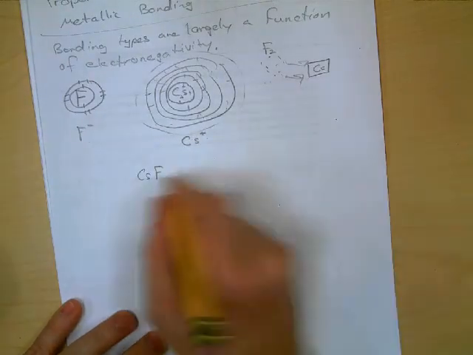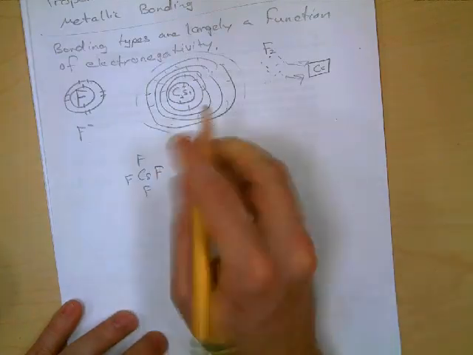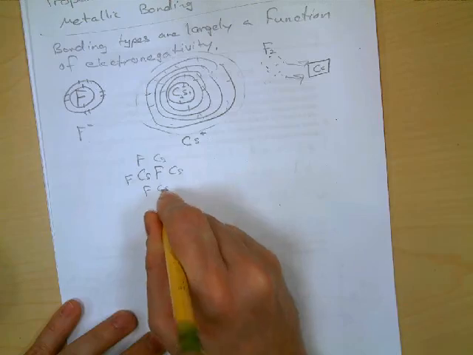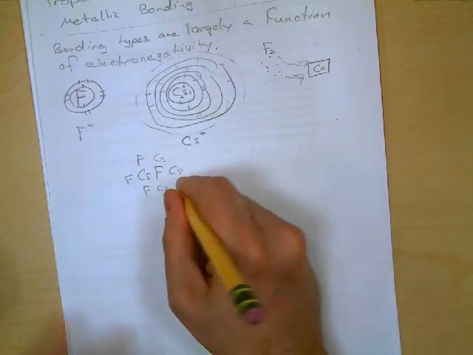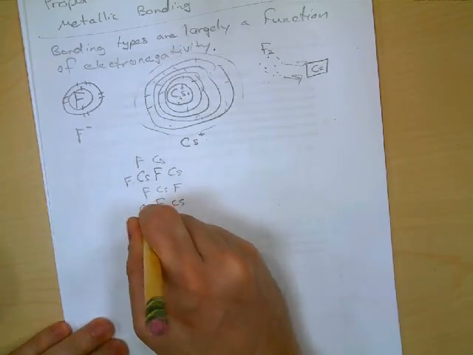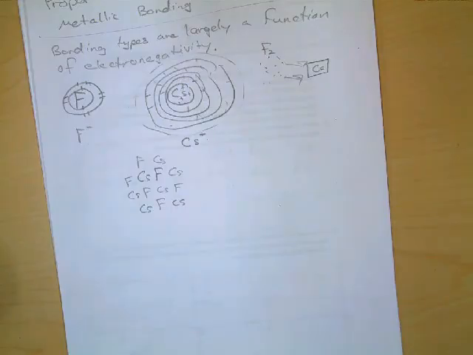So if the cesium is the positive, a lot of the fluorines will stick to him like this. And if the fluorine is negative, a lot of the cesiums will stick to him like this. And you get this lattice, this interwoven, interconnected ionic block of atoms that just keeps growing. And eventually it forms a crystal.